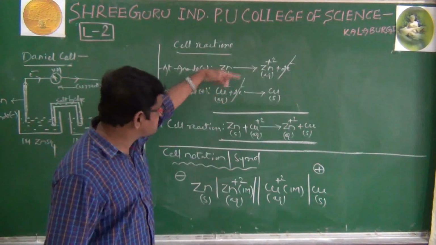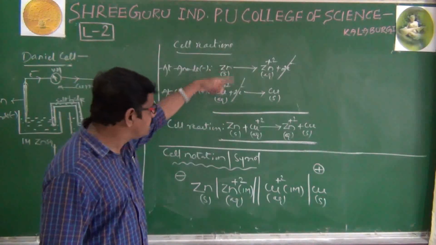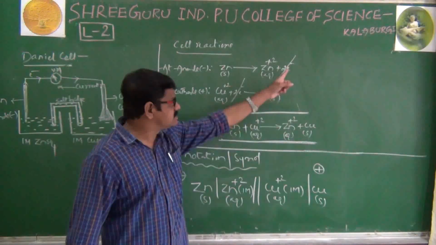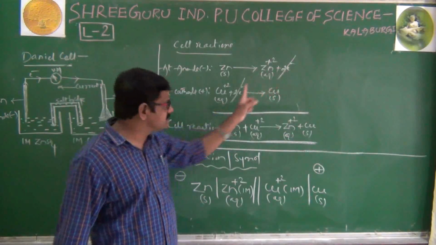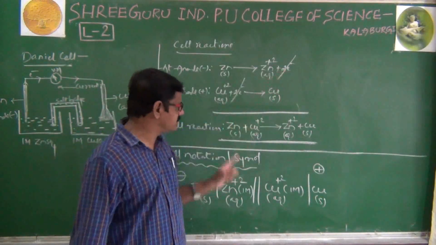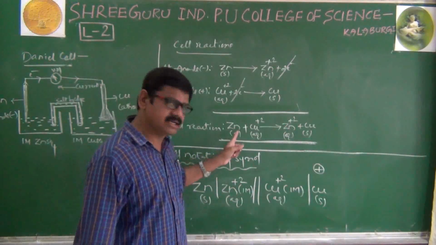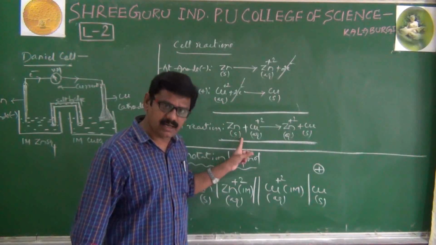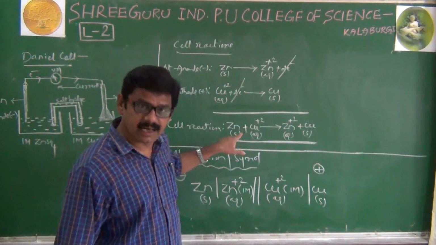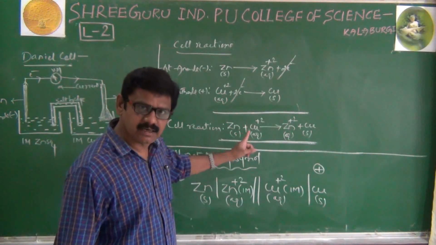Now we have to add both the oxidation as well as the reduction reactions. While adding the reactions, first we have to cancel the electrons, because these electrons are on the product side and these electrons are on the reactant side. That's why we cancel them, and we get a net cell reaction. This net cell reaction is also called the overall cell reaction. And this overall cell reaction is nothing but a redox reaction, because it includes both oxidation as well as reduction.